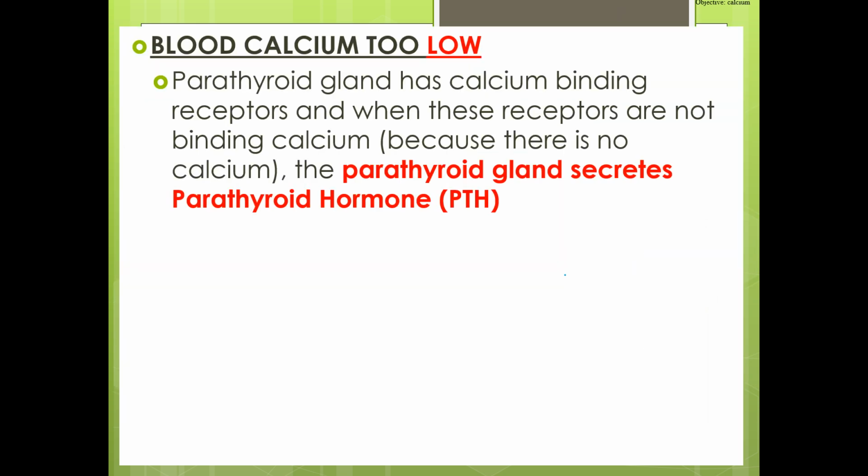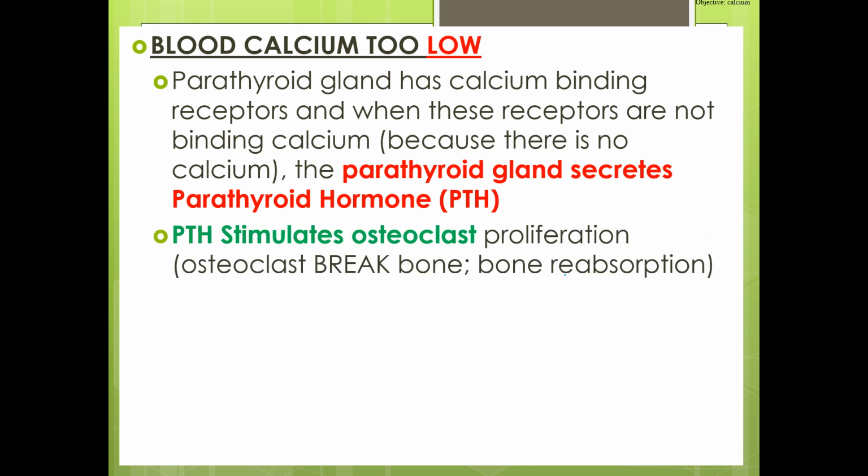So again, if blood calcium is too low, kind of reviewing a little bit more in depth there, the parathyroid gland has calcium binding receptors, and when these receptors are not binding calcium, because there's no calcium in the blood, the parathyroid gland secretes parathyroid hormone. Now, parathyroid hormone does a couple of things. Yes, it stimulates osteoclast activity.